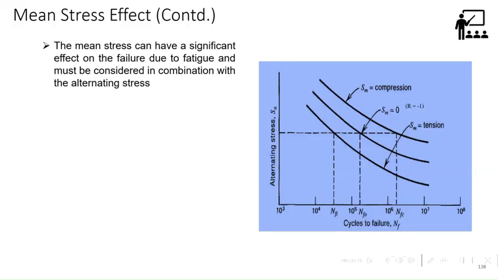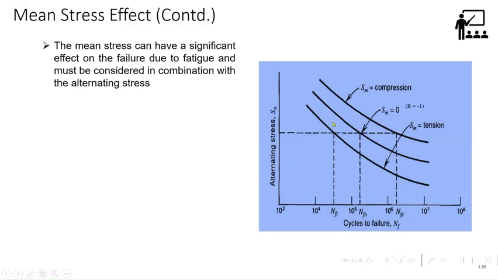But very rarely will you get alternating stress SA on the y-axis. In MMPDS, it is always S max, and most of the time presentations will also show S max, and for different stress concentration factors it will be based on net S max, not only S max. Only for KT equal to 1 are net S max and gross S max the same.